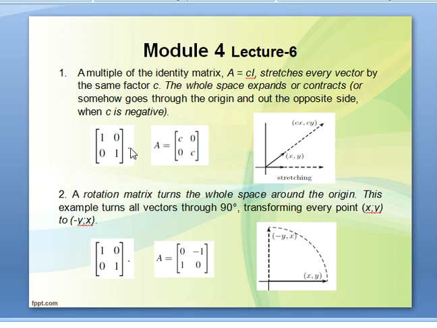When this gets scaled by a value, then its dimensions are going to change. If the value of c, the scaling factor, is greater than 1, then the resulting vector after multiplication will have more length than the original one, or it expands, in whichever dimension. And if c is less than 1, then this vector will be compressed, or we can say it will be reduced in its length.